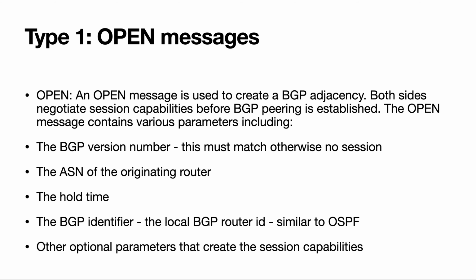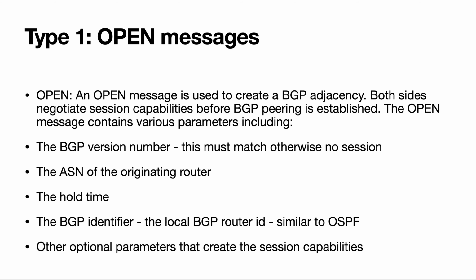Now the Open message contains various parameters, such as the BGP version number, the ASN of the originating router, the hold time, and the BGP identifier, the local BGP router ID, similar to the OSPF router ID. Now, there are also optional parameters.